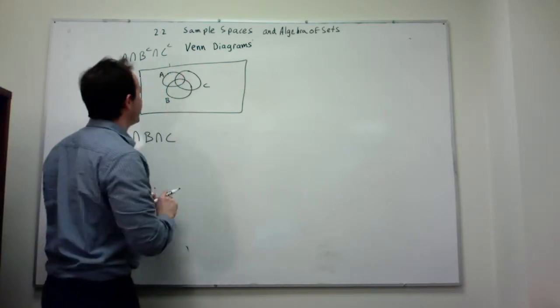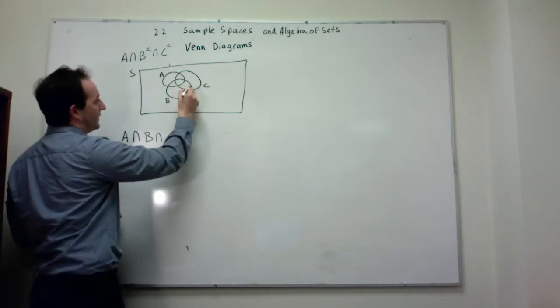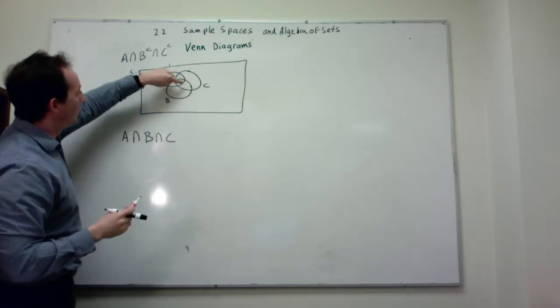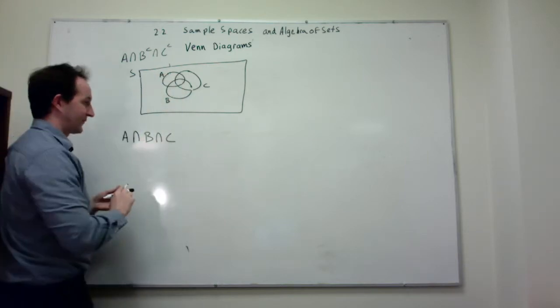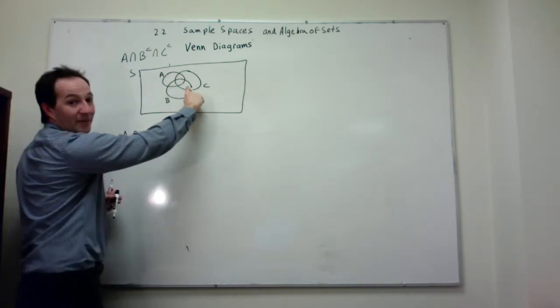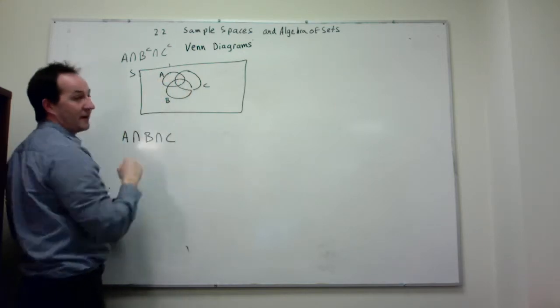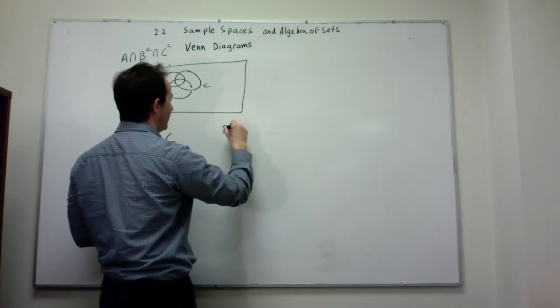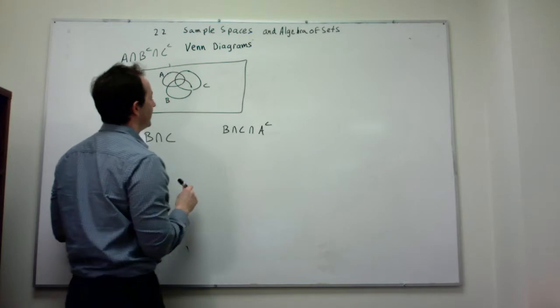Okay. So what about another thing? How can I describe this set right here? Well, what's happening here is these are the elements that are in the set B, are in the set C, but are not in the set A. So I can describe that as B intersection C intersection A complement.